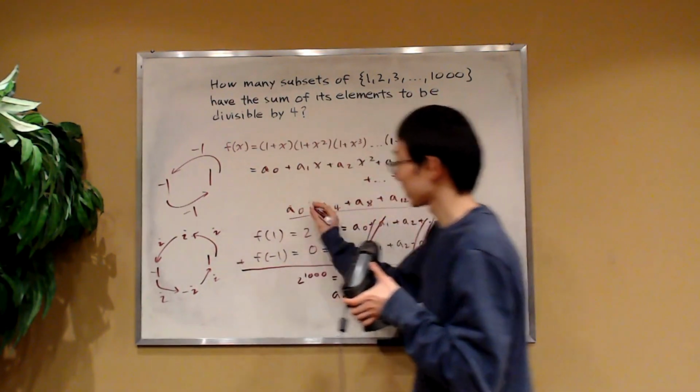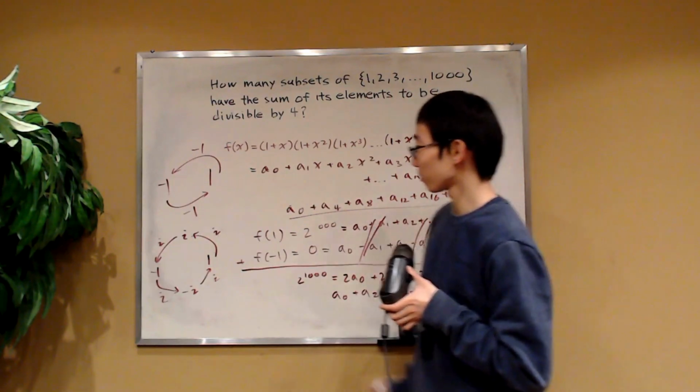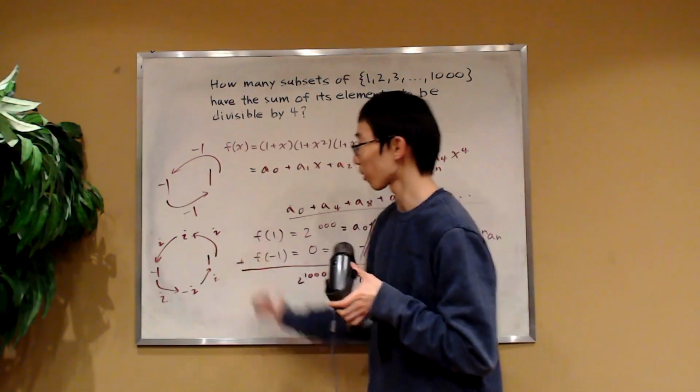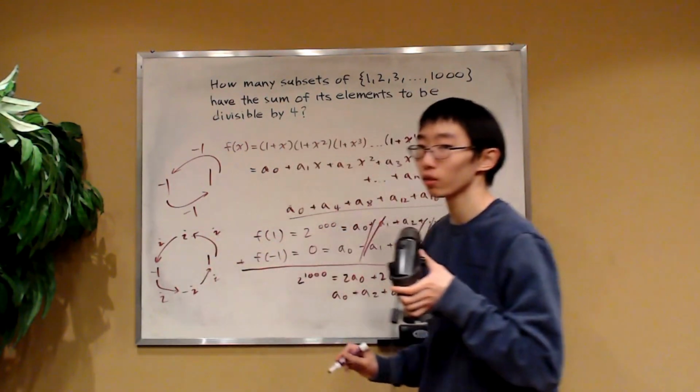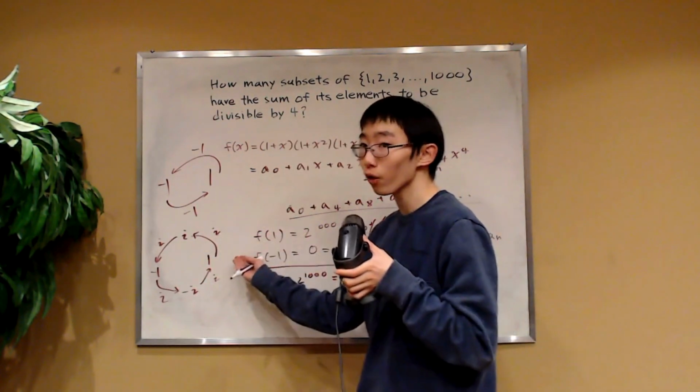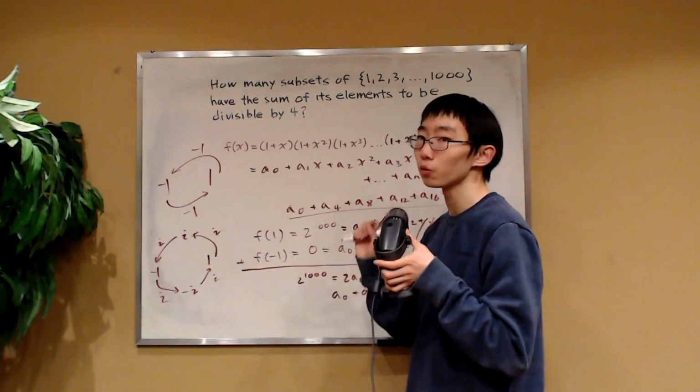Okay, so notice that, again, we were able to create a cycle of length 4. And each of these 4 numbers in the cycle, if you were to take them to the 4th power, they would always be 1.